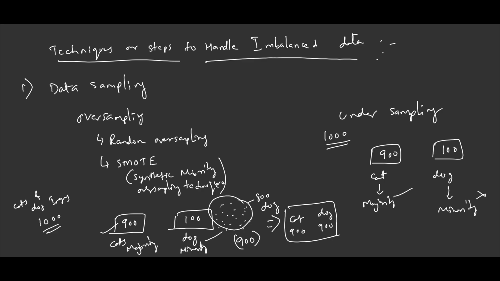It will reduce the data points to balance with the dog class, so they will make it 100. Out of the 900, they will reduce the data points in such a way that it becomes 100. It means that you're losing some data here, right? So cat, they will make it 100, and dog also 100. That is undersampling. You're reducing some data of the majority class.